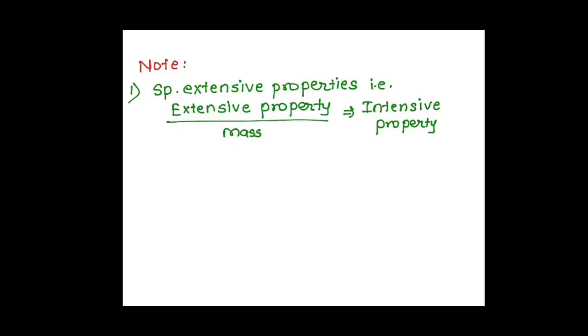Take note that specific extensive properties, that is extensive properties per unit mass, we can classify as intensive properties. For example, when I divide volume by mass, I will get specific volume, which is an intensive property.